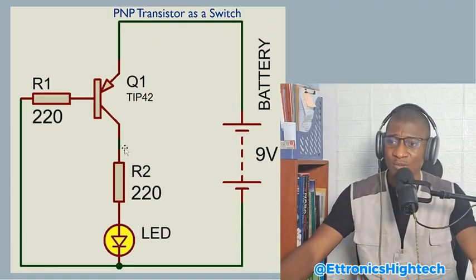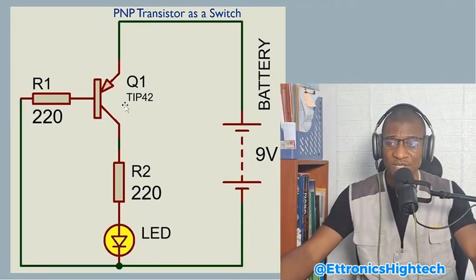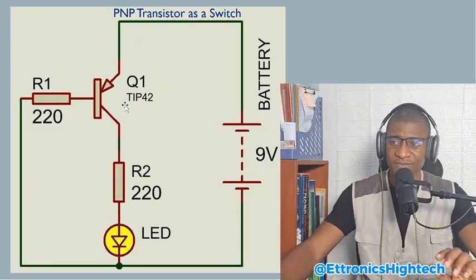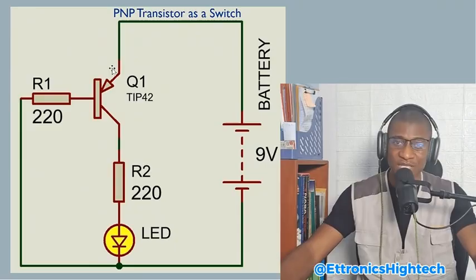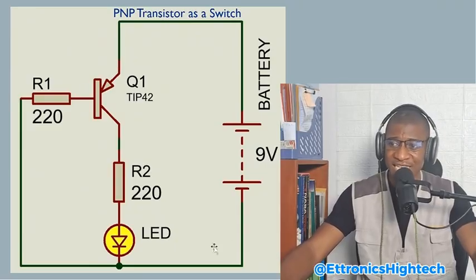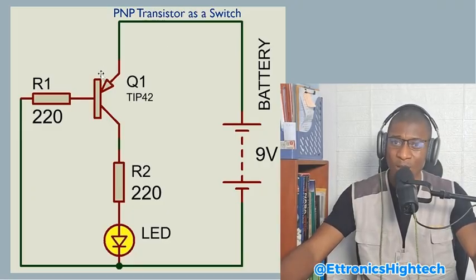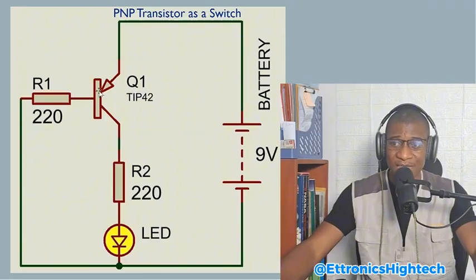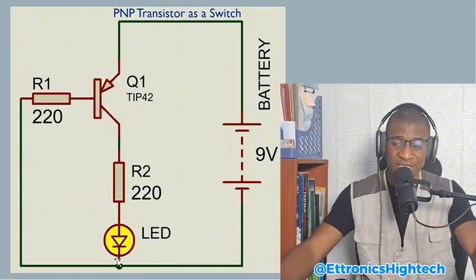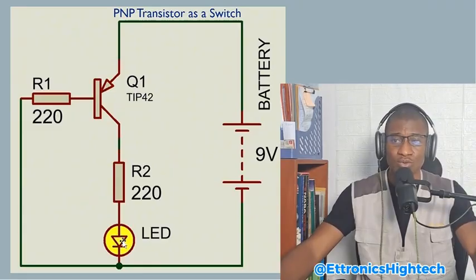So if you want to bias a PNP transistor, you have to make sure that the voltage at the emitter is higher than the voltage at the base. And in this example, the voltage at the emitter is 9 volts, while the voltage at the base is 0 volts. That way we were able to bias this transistor, and we had collector current flow in the circuit, which was able to drive our LED.